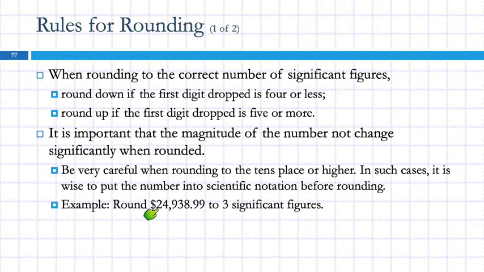So we're going to count digits, 1, 2, 3. So the 9 is going to be the last significant figure. So 2, 4, 9. Is that right? No. I took 24,000 and rounded it to 200. We need zeros to hold the places for these things that went away.